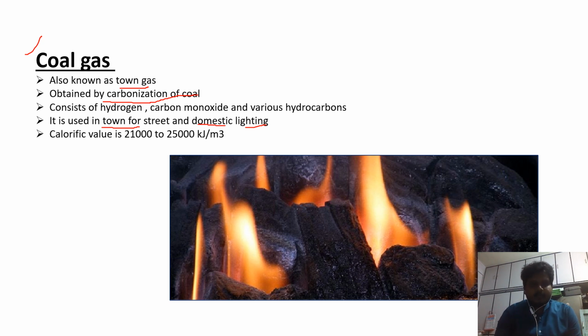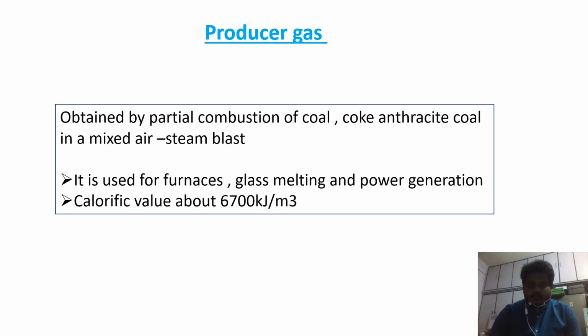It consists of hydrogen, carbon monoxide and various hydrocarbons. The calorific value of the coal gas is 21,000 to 25,000 kilojoule per meter cube. The next type of gaseous fuel is producer gas.